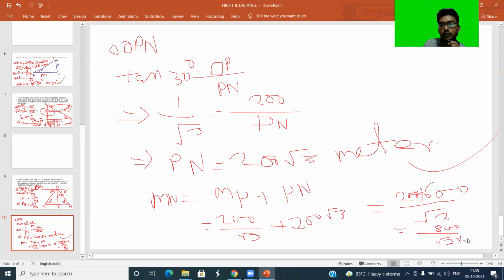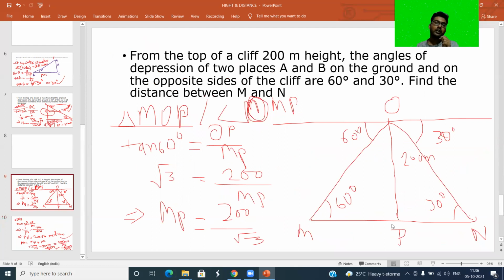We take this √3 and this √3, then 3 divided by 800... 3 से कैंसिल होगा, then find this value, then find the MN value. Okay, easy.